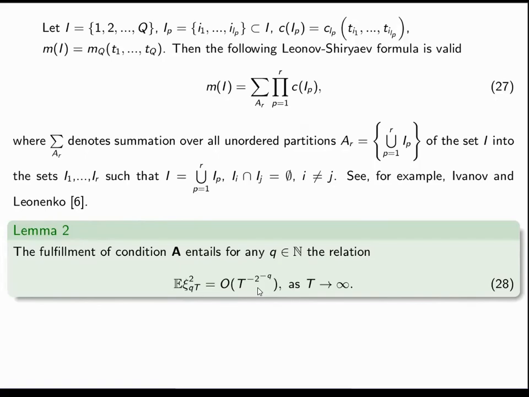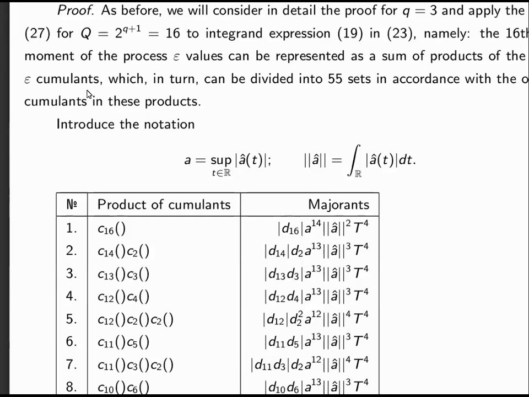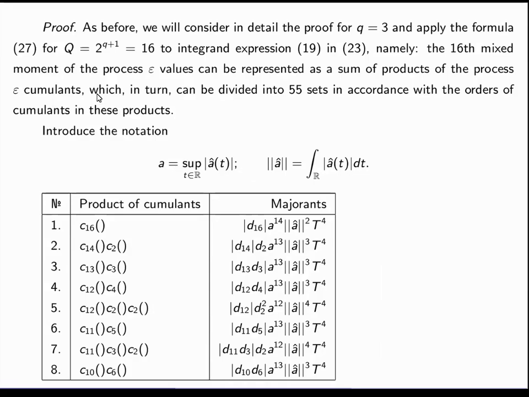That gives us such a formula: the moment for q epsilon values can be represented as a sum of products of the process epsilon cumulants, which in turn can be divided into 55 sets in accordance with the orders of cumulants in these products.